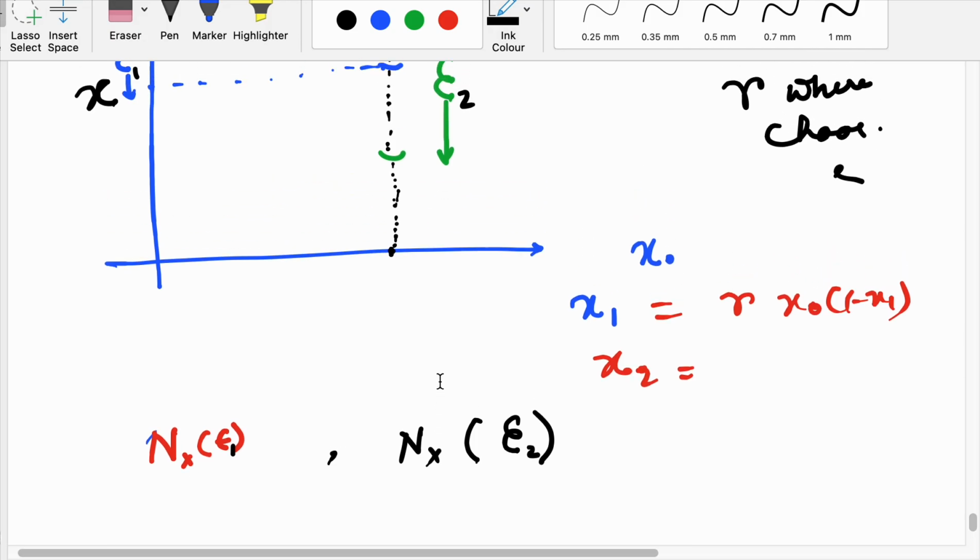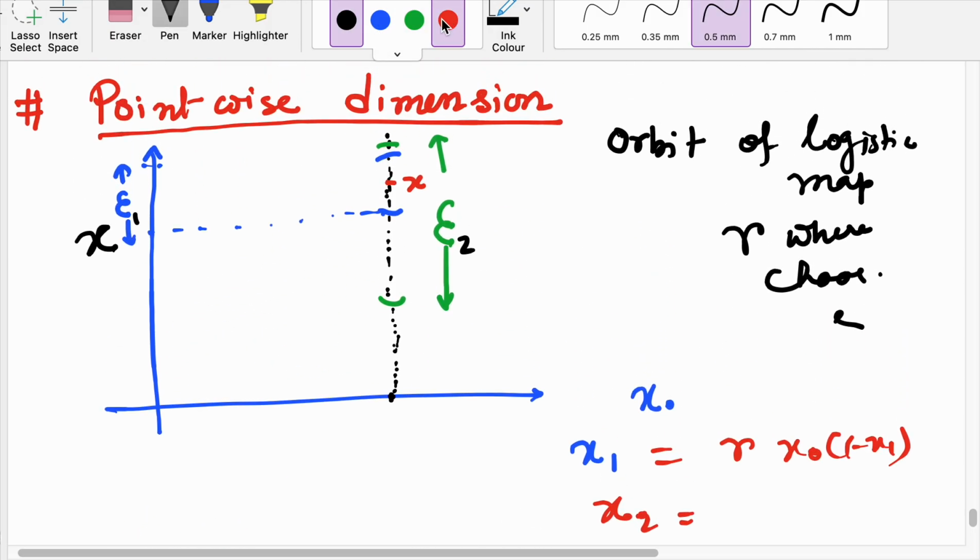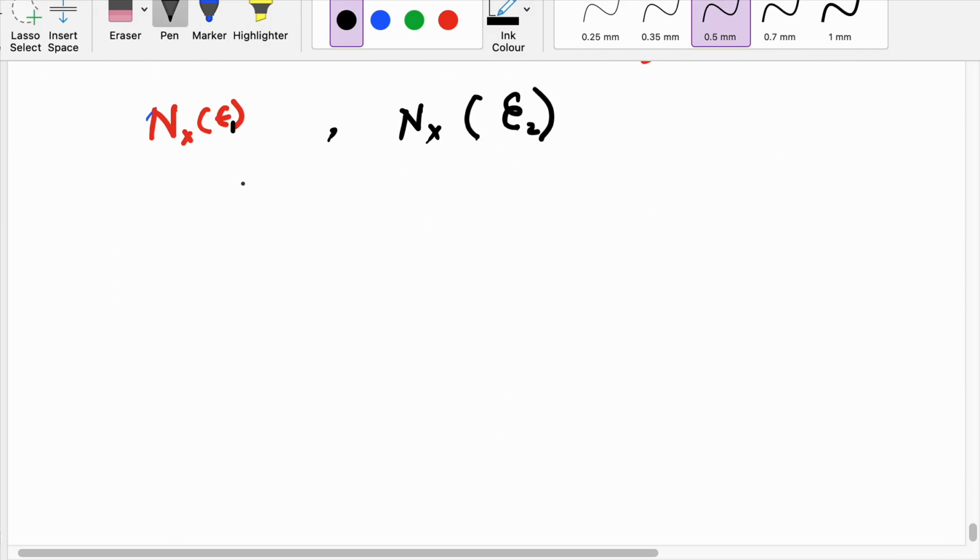And it is obvious that if I make the radius of this region larger, the number of points it includes inside itself will become larger.